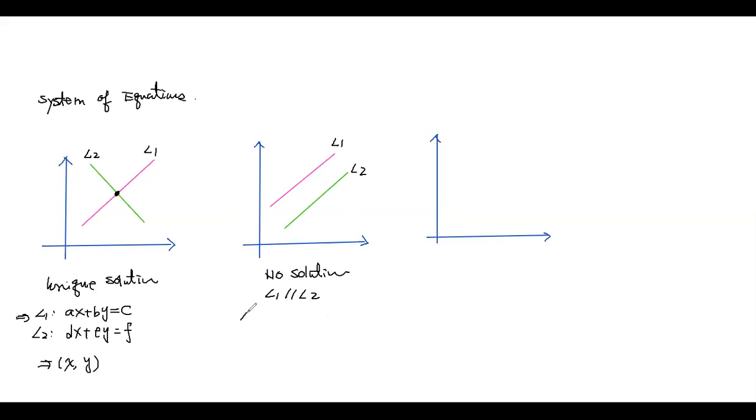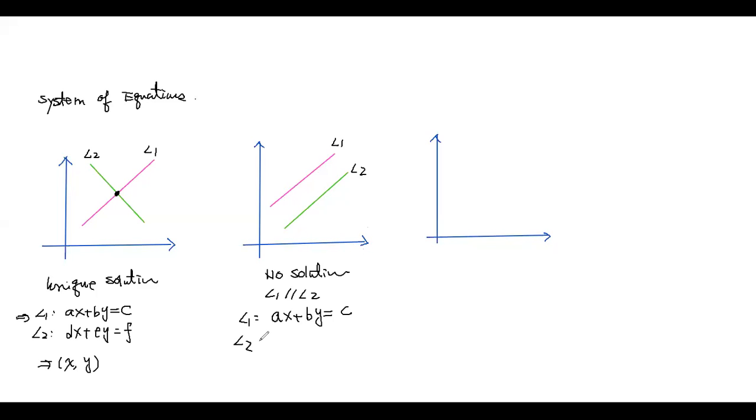So what is the characteristic of no solution? If line 1 is ax plus by equal to c, and line 2 is parallel, we know what parallel means, right? Parallel means they have the same slope.